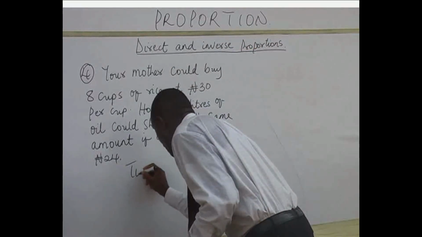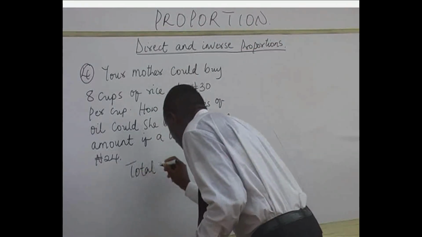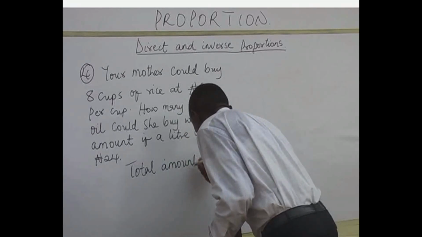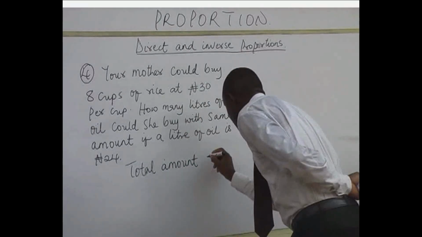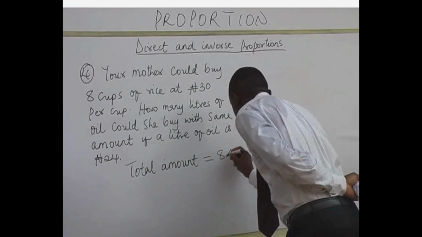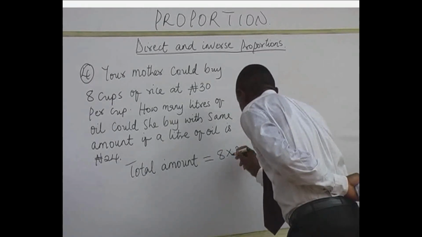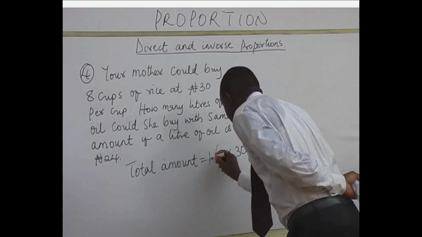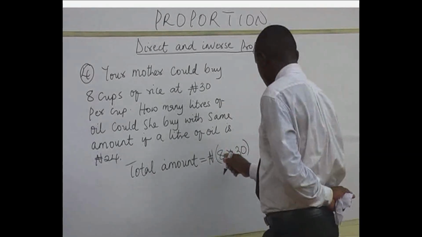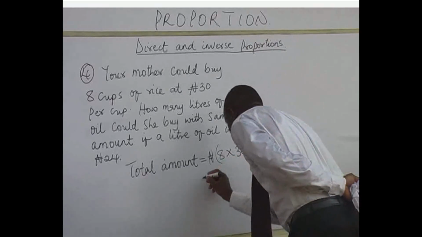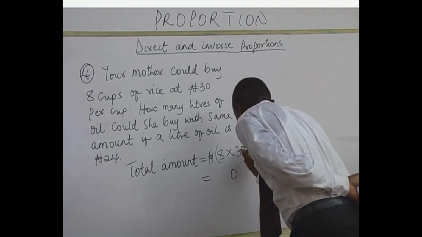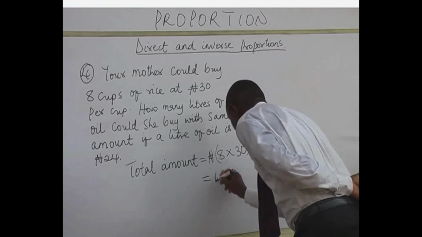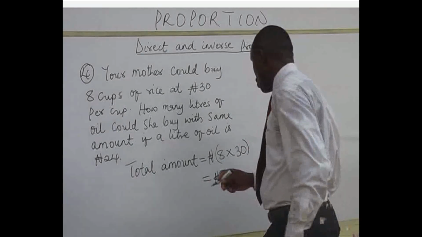Total amount your mother went to market with is 8 times 30 naira. 8 times 0 is 0. 8 times 3 is 24. So your mother went to market with 240 naira.